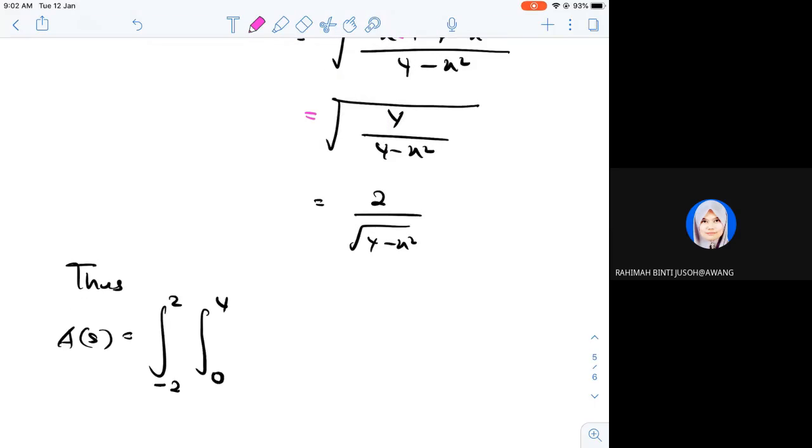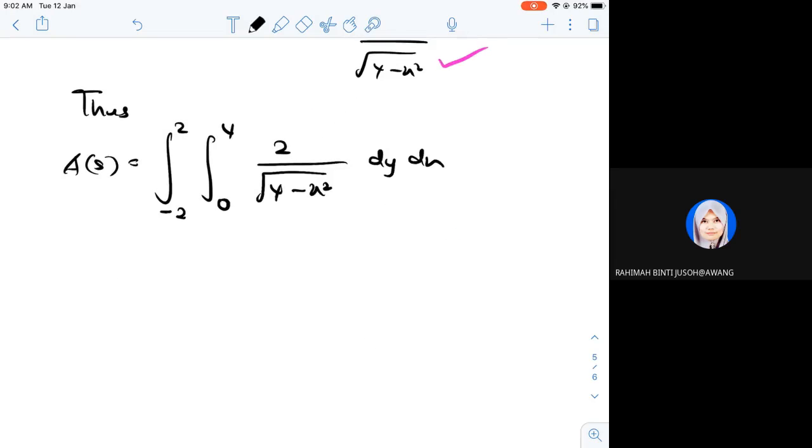Okay, should be this one. The middle function here sebab kita dah calculate siap-siap tadi. So just substitute 2 over square root of 4 minus x squared. And then we have dy dx. So let us calculate this integration. Okay, so we can take out 2. We have this term with respect to y. So overall, this is just a constant.